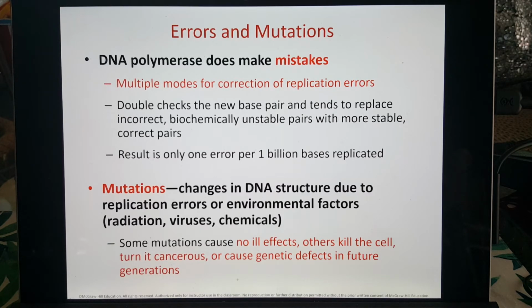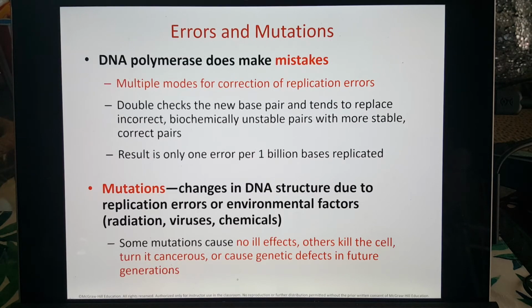Some can possibly kill the cell off, as in no longer being able to correctly make a protein that is necessary for function. Some mutations can cause the cell to turn into a cancer, so the growth regulation of that cell no longer is functioning correctly, and so you just have this abnormal growth, a bunch of cells that are not working, they just keep growing and making a bunch of new daughter cells.